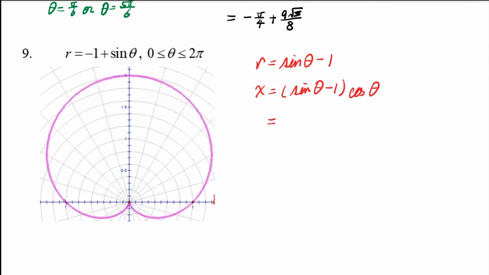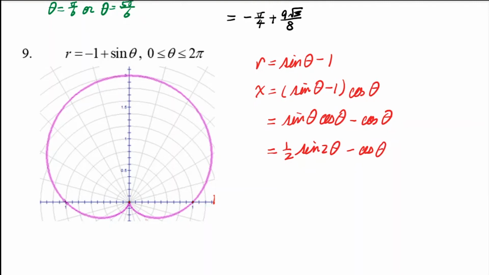And for sanity's sake, because we are taking a derivative of this, I'm going to distribute. So we have sine theta cosine theta minus cosine theta. And since I really hate product rule, use the identity: 2 sine theta cosine theta is sine 2 theta. So this is 1/2 of sine 2 theta, minus cosine theta. Good?